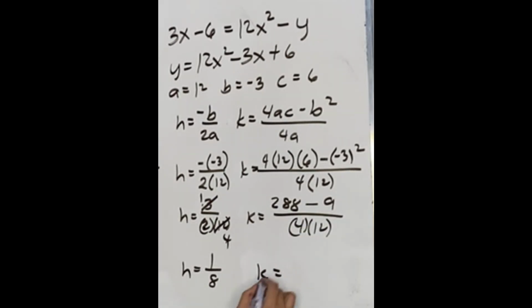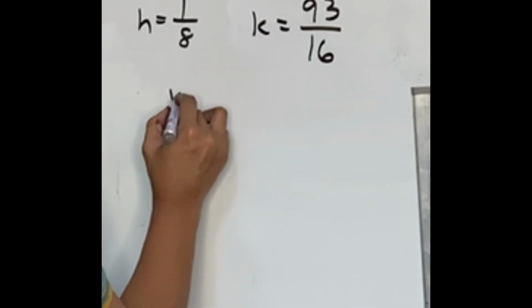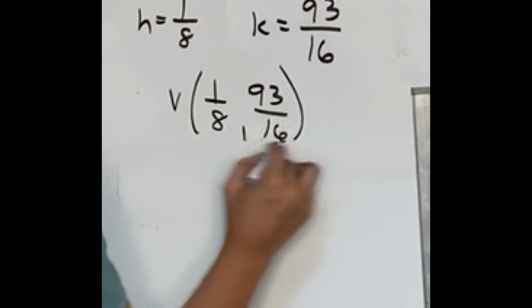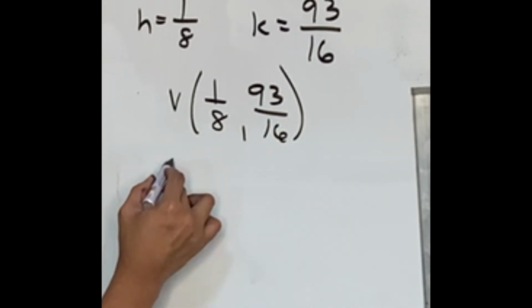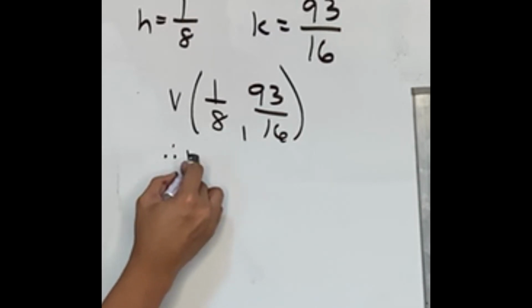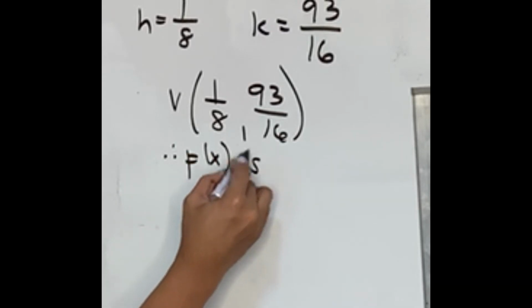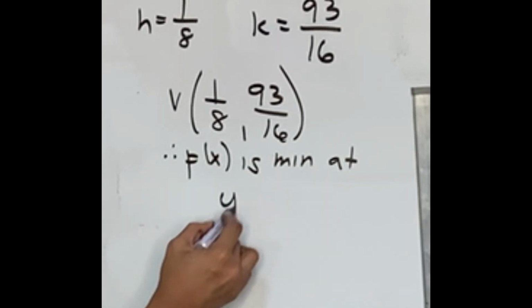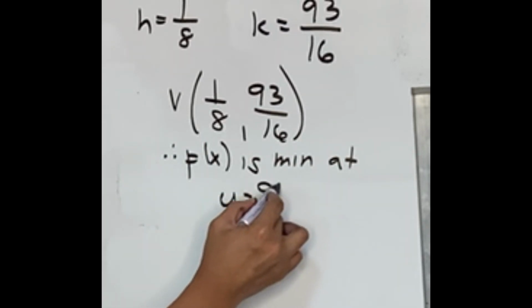K is equal to 93 over 16. Therefore, our vertex is 1 over 8, 93 over 16. Since our A is greater than 0, f of x is minimum at y is equal to 93 over 16.